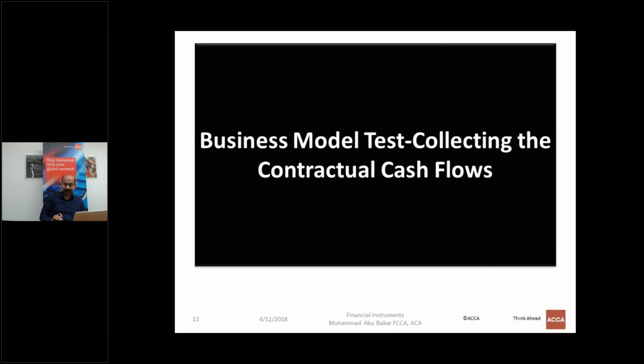Business model test. We can look at the examples and some illustrations of the business model test, which will give us an idea of what the business model test basically is.